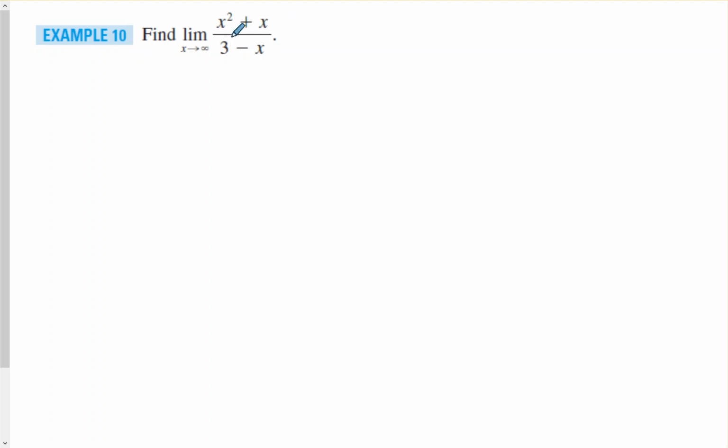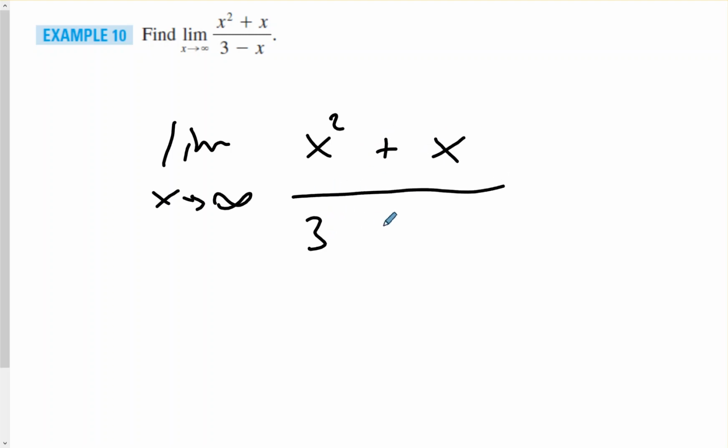You want to divide everything by the highest power of x that occurs in the denominator. So we would have limit as x approaches infinity, and now the highest power of x that occurs in the denominator is x, so divide everything by x.